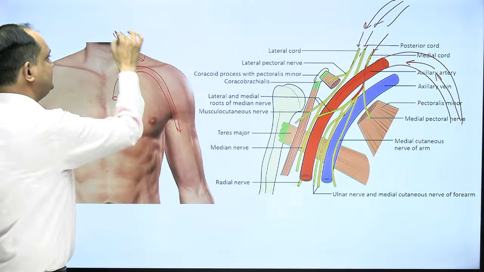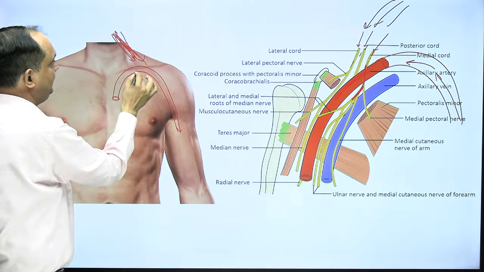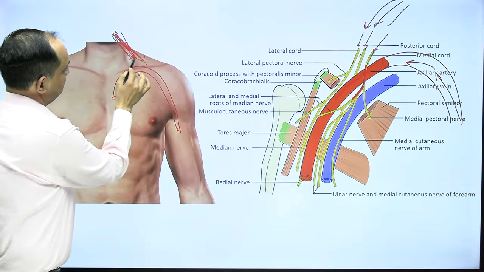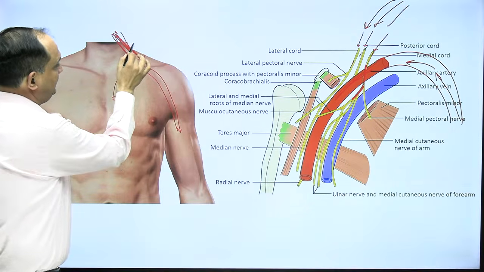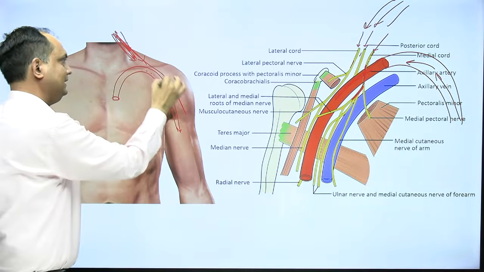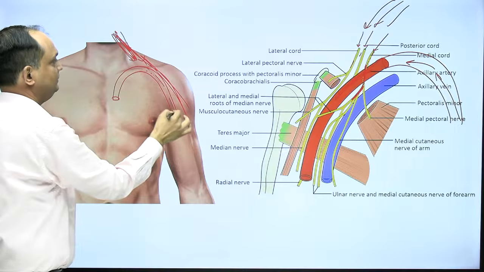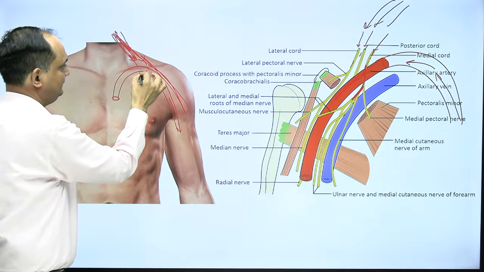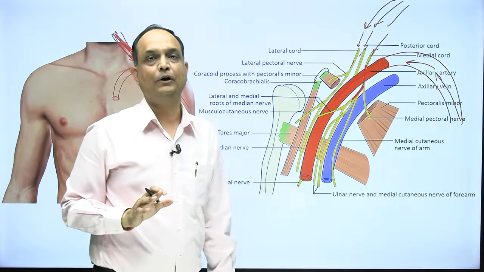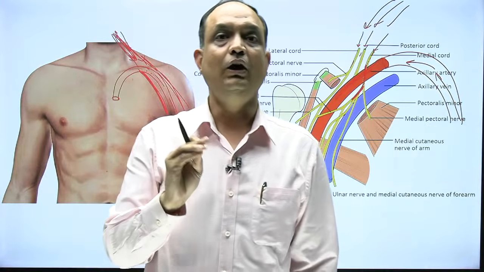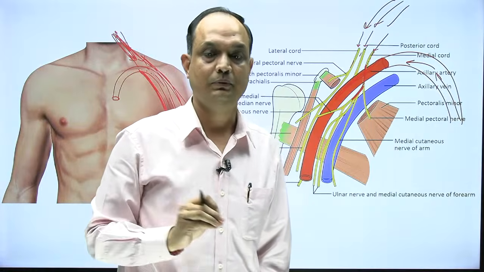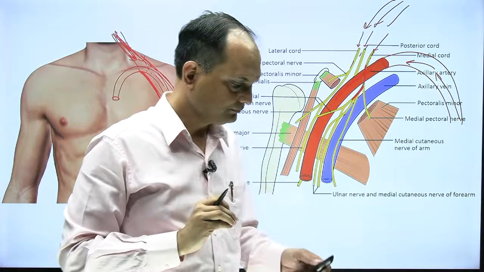Now these nerves which are initially here are superior in relation to the artery, and gradually the lateral remains laterally, the posterior will go posteriorly, and this medial crosses and then comes medial. Clear? So this is the important concept to understand the meaning of medial cord, lateral cord and posterior cord.